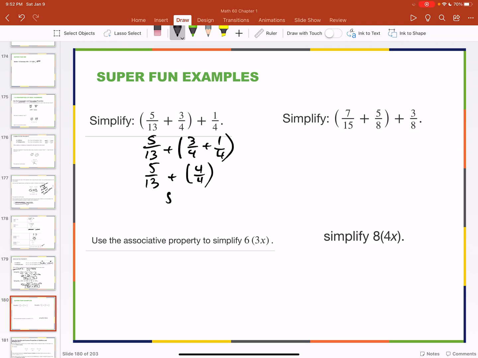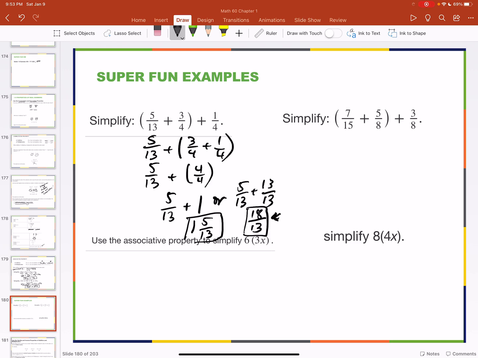So it's 5/13 plus 1, which I can rewrite as 13/13. Or I can just write this as 1 and 5/13, because that's one way to do it. Or I could write 5/13 plus 13 over 13, which is 18 over 13. This is improper, but that's all right.